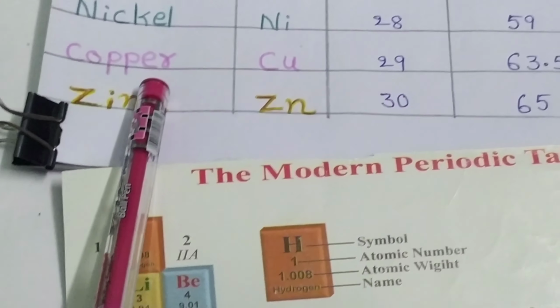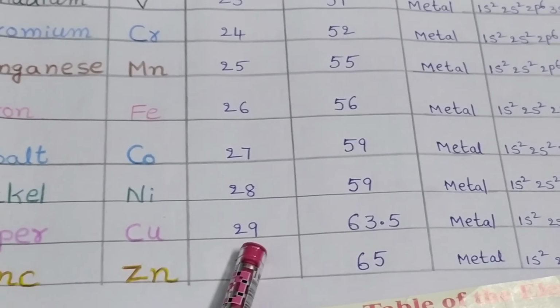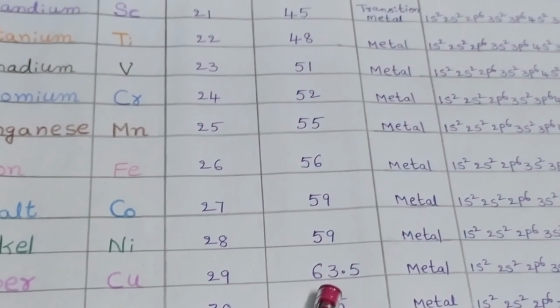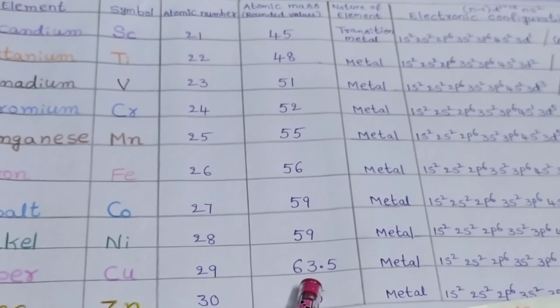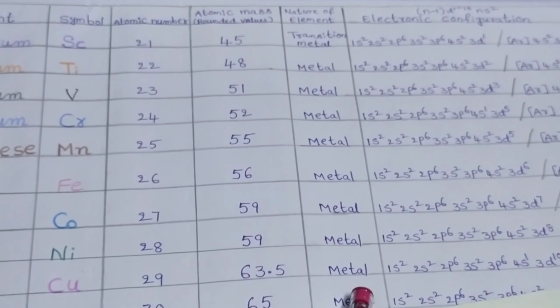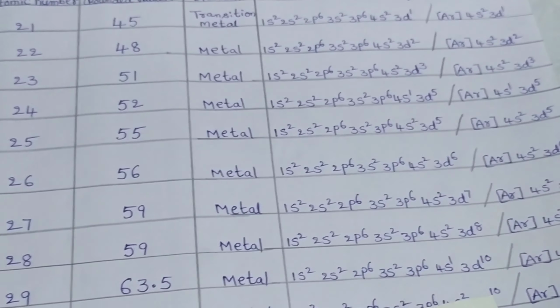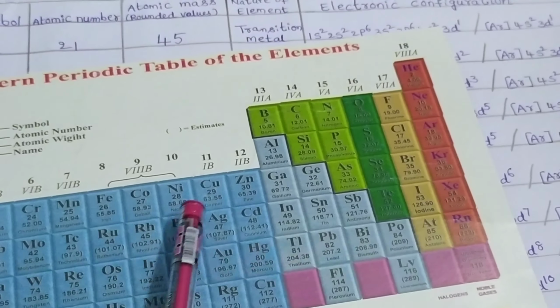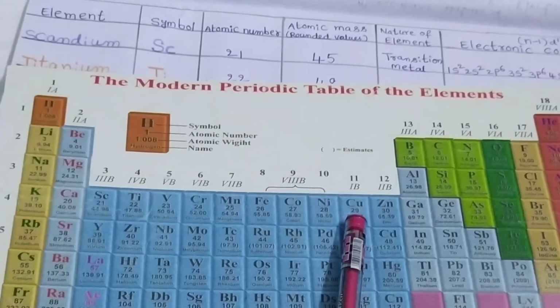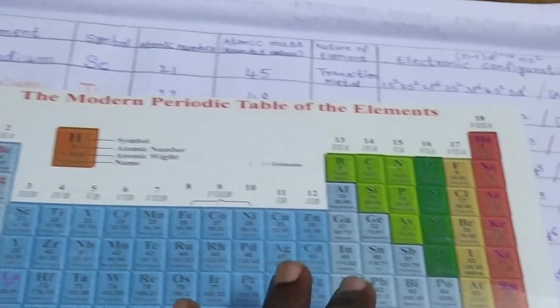Next, copper. Symbol Cu. Atomic number 29 and atomic mass is 63.5. It is an example for metal. When we observe in a modern periodic table, copper is the ninth element in the d block in the fourth period.